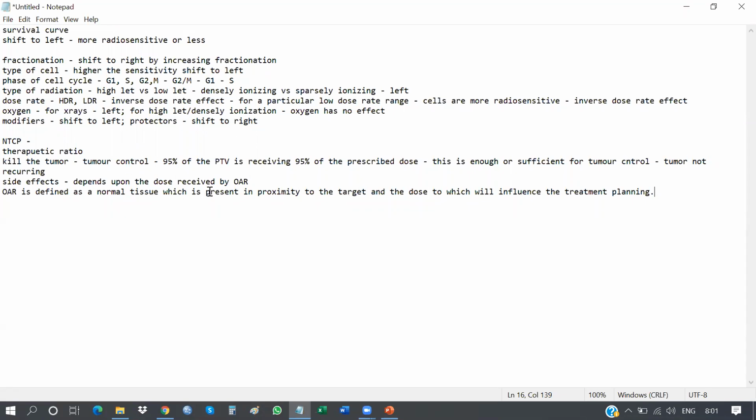So modifiers should be acting towards the tumors and protectors should be acting towards the OARs.